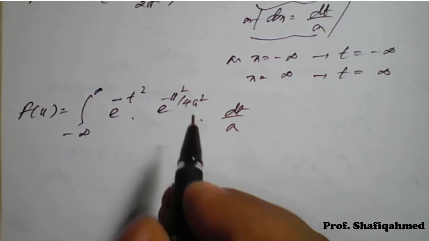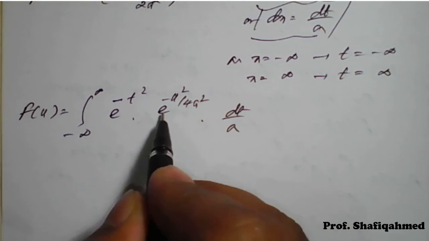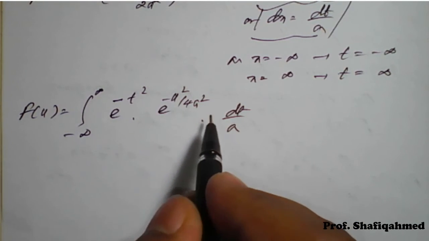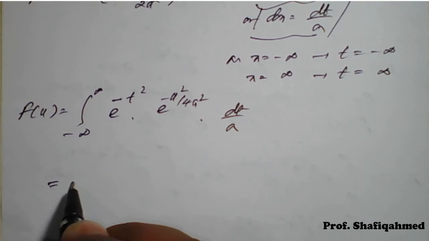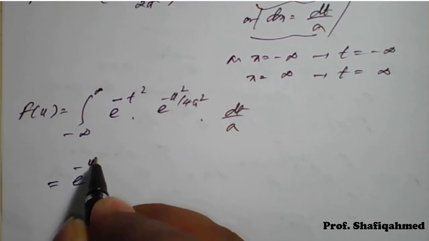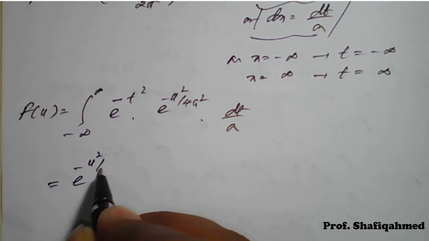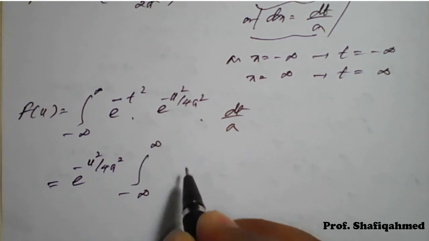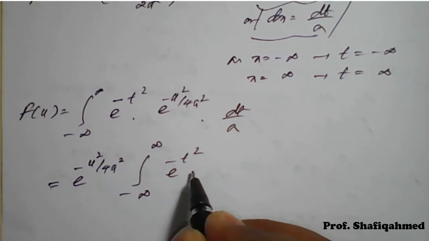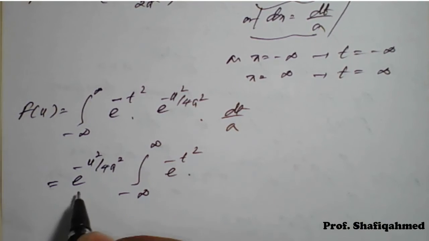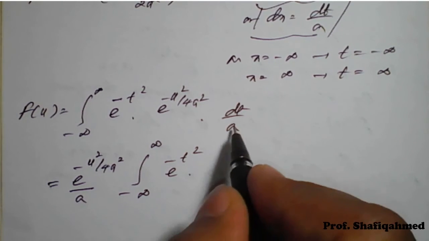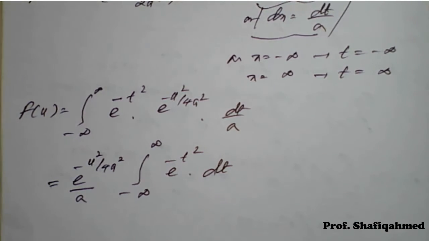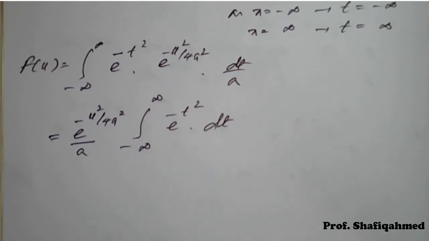With respect to t, this e raised to minus u square upon 4a square is a constant, keep it out of the integral, that is e raised to minus u square upon 4a square, integral minus infinity to plus infinity e raised to minus t square, and this a also we will keep outside, into dt. Fine.